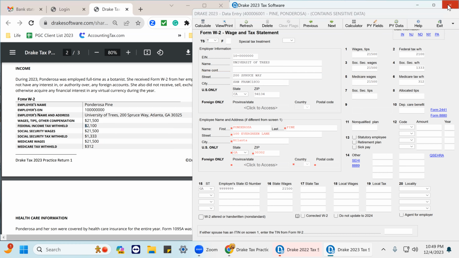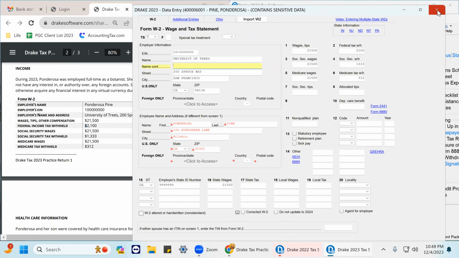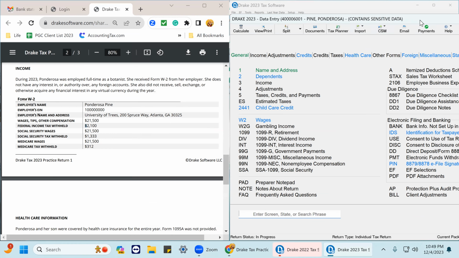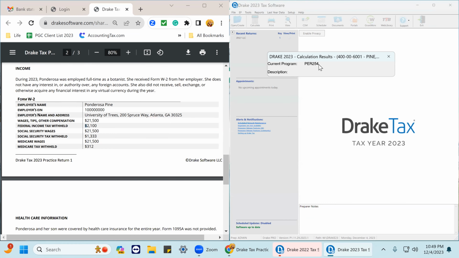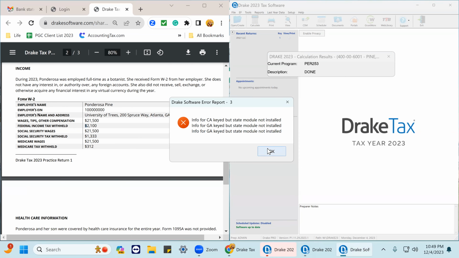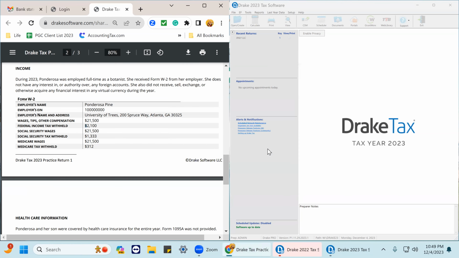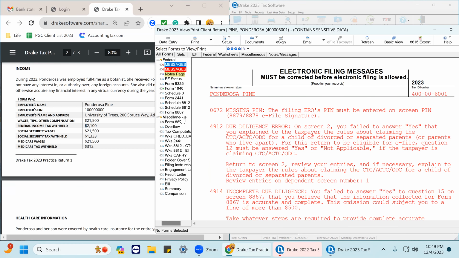Let me show you how to check it. This tax software is very cool. It's near impossible to make a mistake if you follow the instructions. Even if you make a mistake, you can catch it before you send it to somebody to review.